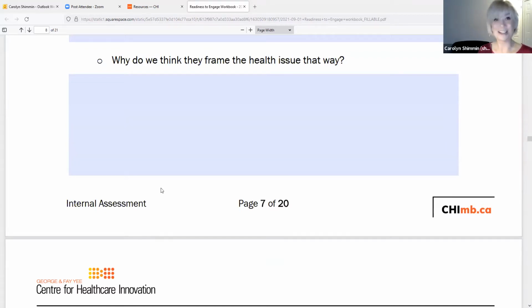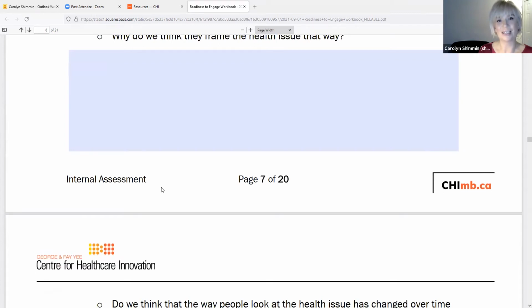Sometimes health issues are framed in a certain way by larger systems of power and oppression in order to maintain certain levels of privilege and oppression. So thinking about how the research issue we're looking at is framed, and having some critical thought around that as well.